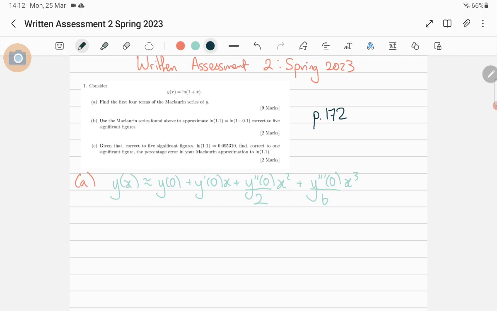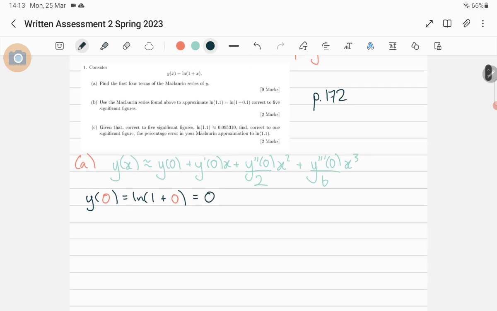So first of all, y of 0 is log of 1 plus 0. And this is log of 1, which is equal to 0. That's the first one. Now, to differentiate this, strictly speaking, if you forget about the chain rule, you're okay, but we'll still do it that way. So we're differentiating log of 1 plus x.